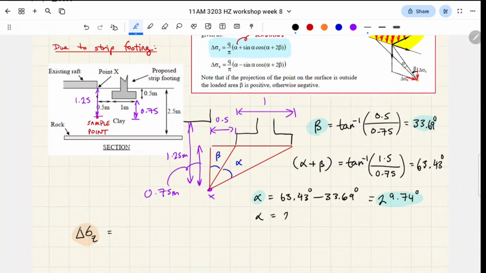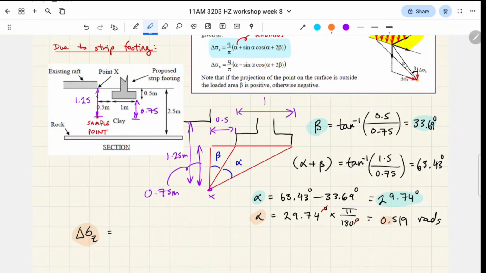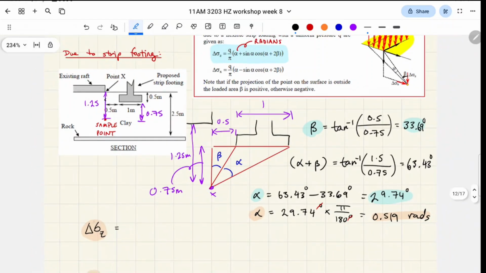So you multiply our degrees by pi over 180 degrees. The degrees cancel out. That gives us 0.519 radians. Okay? That's the value we're going to plug in for the alpha in radians. Okay? So, just writing out this full equation again.